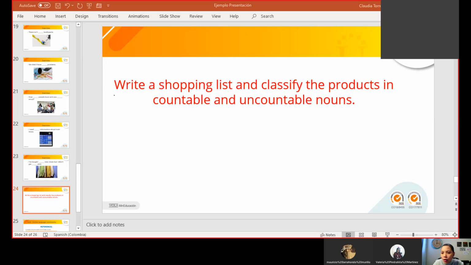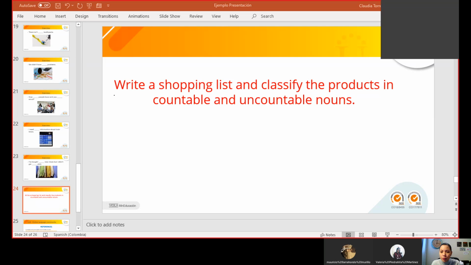Okay, so Valeria said, there are some tomatoes here. I only need a little. Good. Why? Because tomatoes is a plural, countable noun.